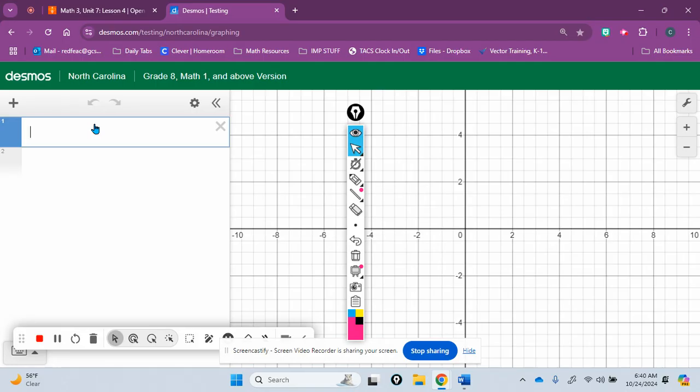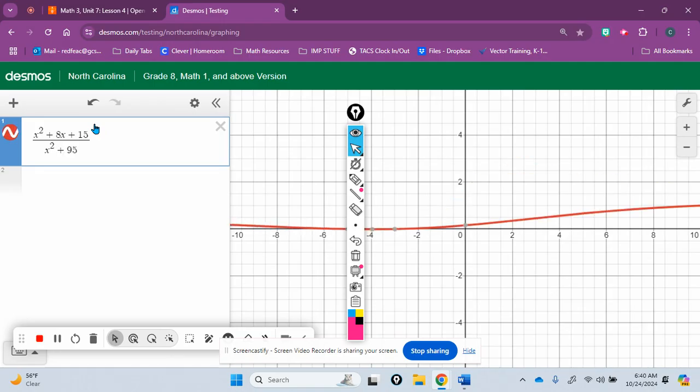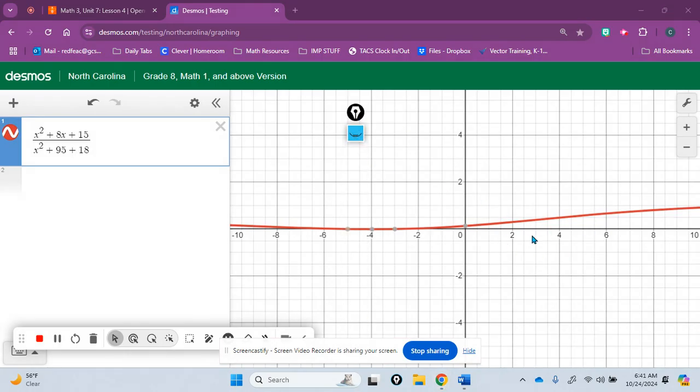So for C, if I place this in decimals, my function was x squared plus 8x plus 15 over x squared plus 9x plus 18. Now, this is what the graph looks like.